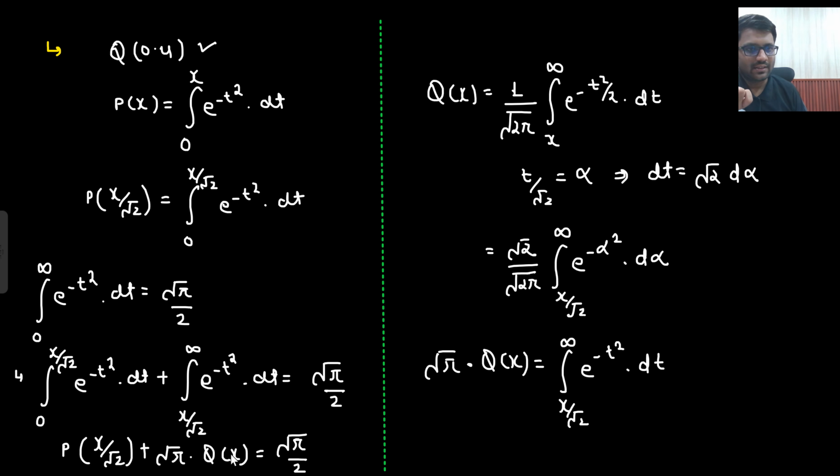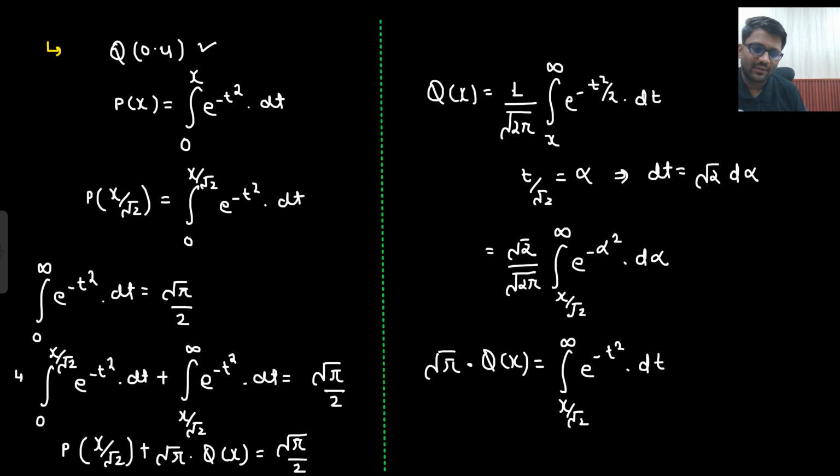So your answer is in terms of Q of x, but you need to represent it in terms of P of x. So Q of x will be equivalent to what? Divide by under root pi in all the terms. So you will be getting 1 by 2 minus 1 by under root pi P of x by under root 2. There you go.